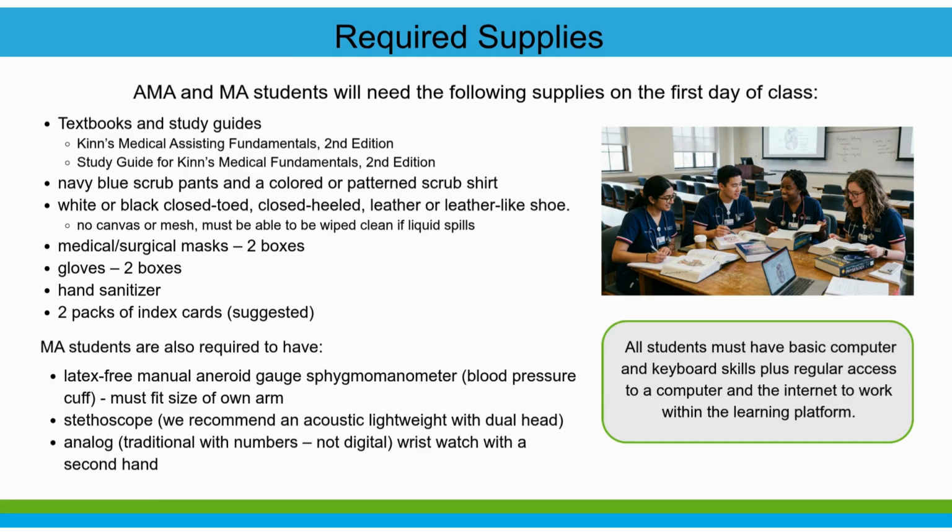AMA and MA students will need the following supplies on their first day of class: textbook and study guide, KINS Medical Assisting Fundamentals, 2nd edition, and study guide for KINS Medical Fundamentals, 2nd edition. Navy blue scrub pants and a colored or patterned scrub shirt, white or black closed-toed, closed-heeled leather or leather-like shoe.